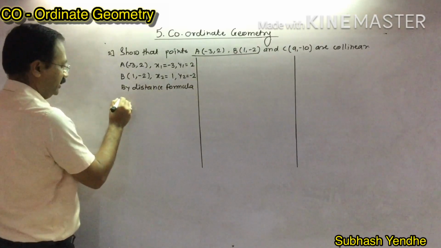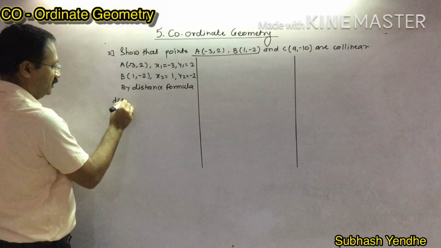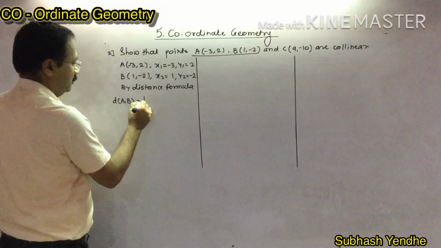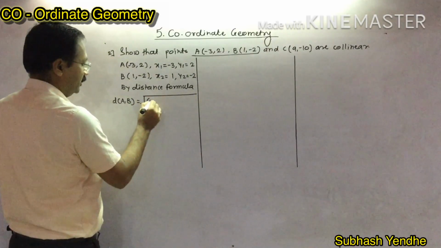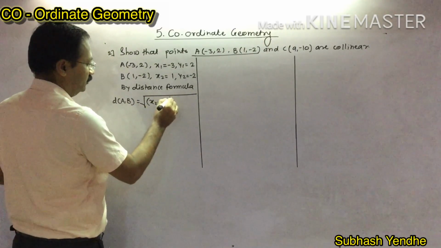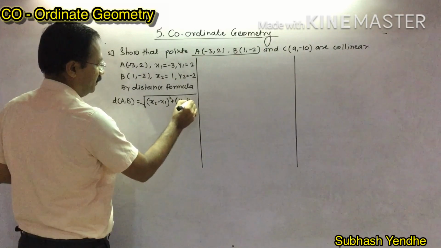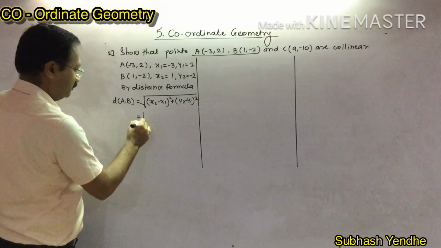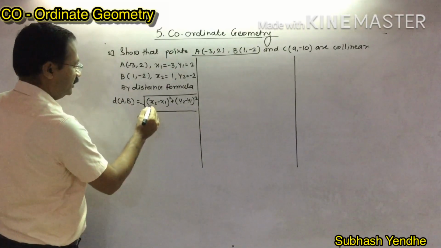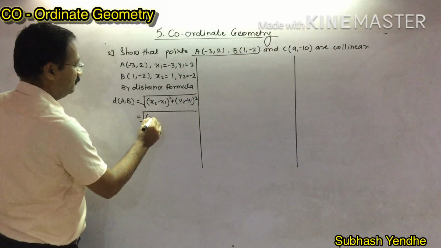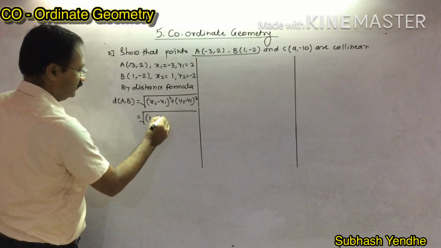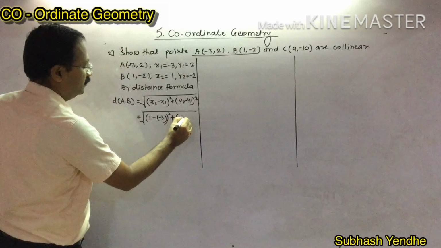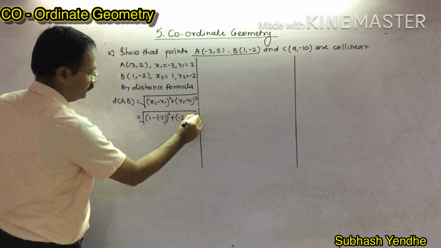So what do you get? Distance AB equals under root x2 minus x1 the whole square plus y2 minus y1 the whole square. So now substitute the values. Here x2 is 1 minus x1 minus 3 the whole square plus y2 is minus 2, y1 is 2.